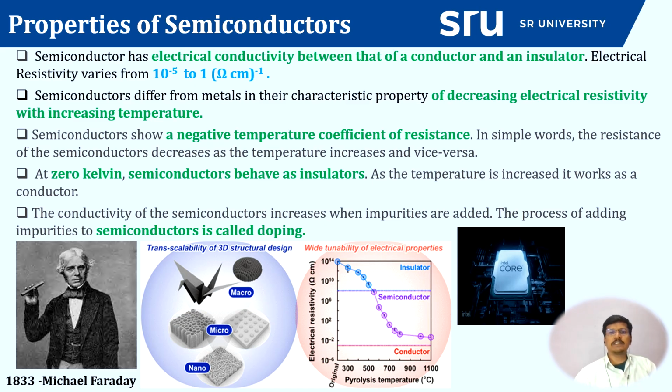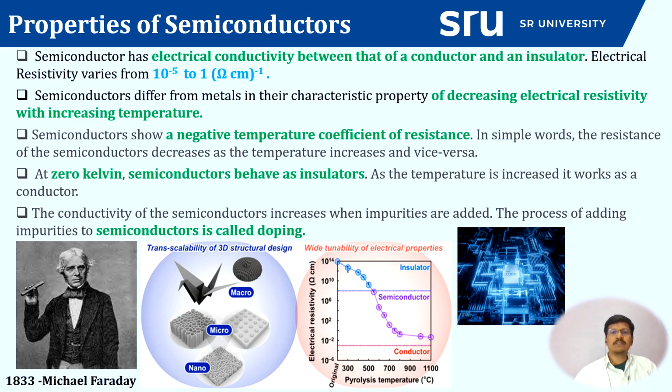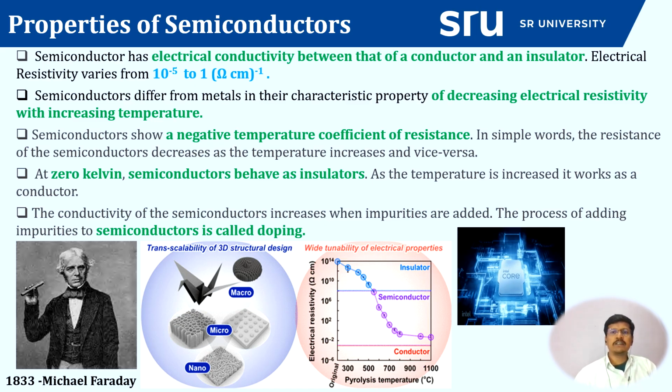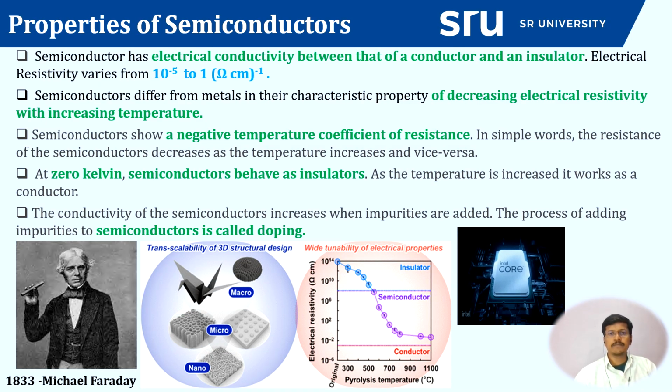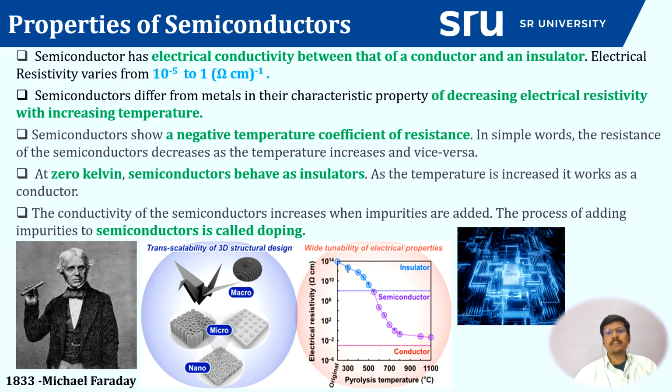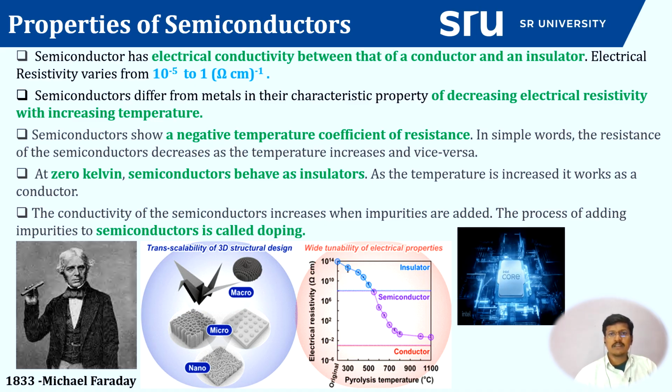At this temperature, there is insufficient energy to excite the electrons from the valence band to the conduction band. As the temperature increases, the electrons gain energy and become available for conduction.